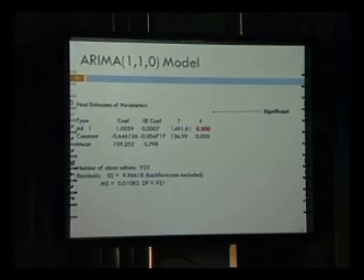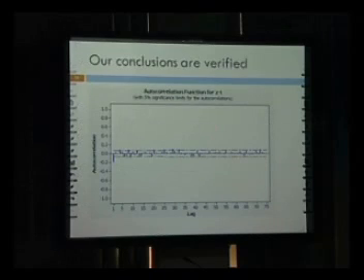So we have tested several models, first ARIMA 110. Here we don't model the error term, only the parameter value, and the p value is 0, so we have a significant value, and the error term is 0.010.